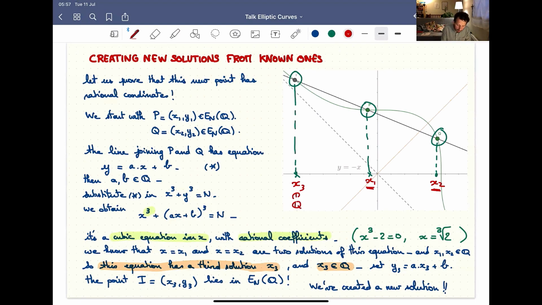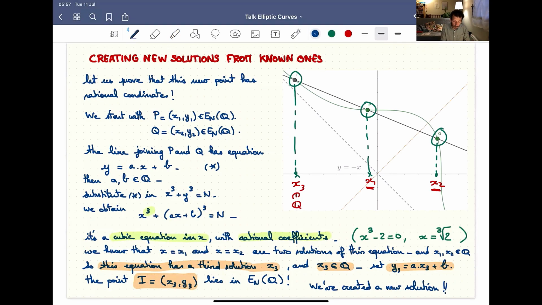And once we have x3, we can set y3 equal to ax3 plus b. And then what we get is a new point, (x3, y3), which lies on the line, of course. It also lies on the curve, the green curve. And it has rational coordinates.